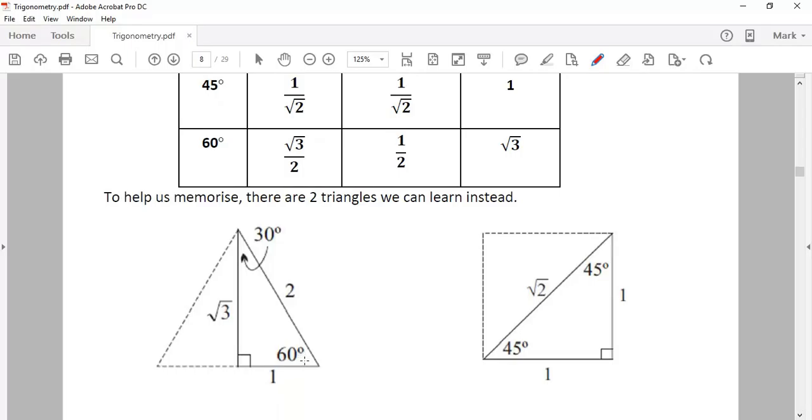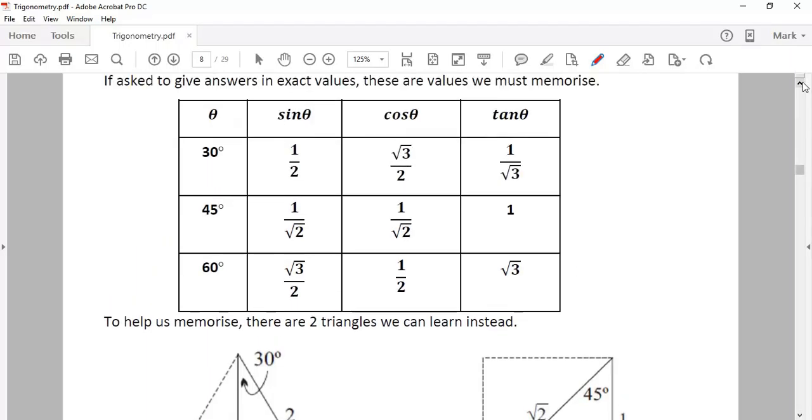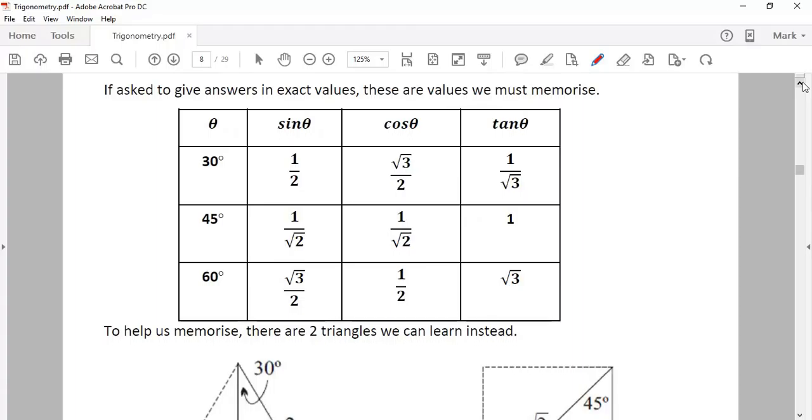Equilateral triangles have 60-degree angles, and then you can use Pythagoras to get that third side. Same thing, think of a square with sides 1, and then you cut it in half, so the angles go to 45, and you can use Pythagoras to get that last side. You can use these triangles to help you memorize these exact values.